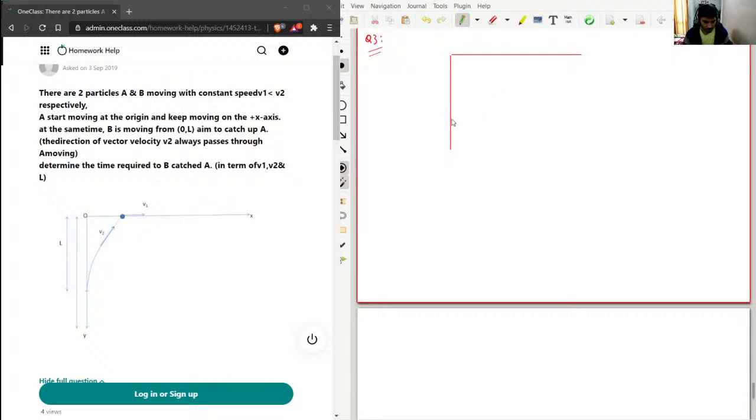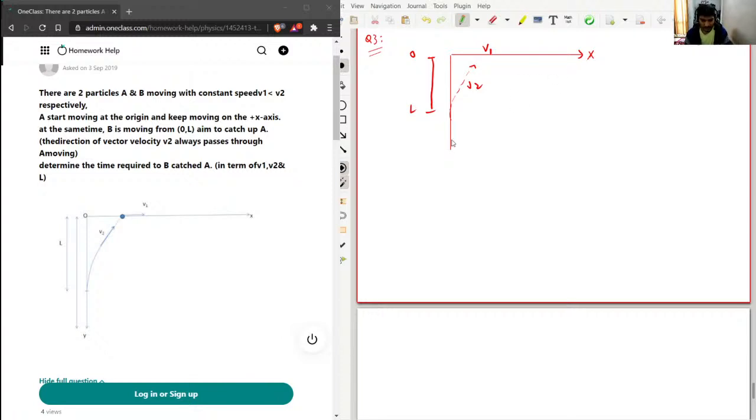and this is the direction of v2. v2 is starting from L, this is 0, and this one is v1. This is the x direction.